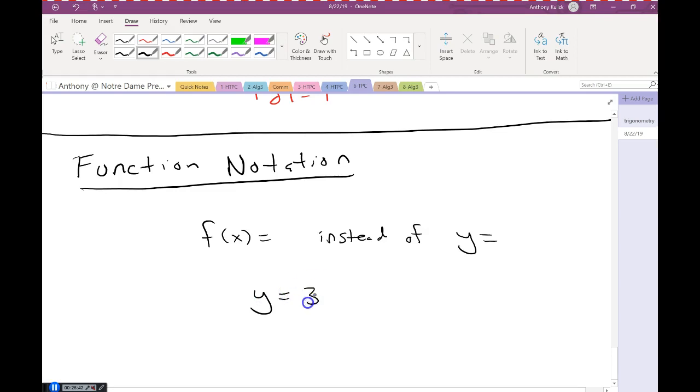So what we're saying is if I have something like y equals 3x minus 4, I could use that interchangeably with something like f of x equals 3x minus 4.